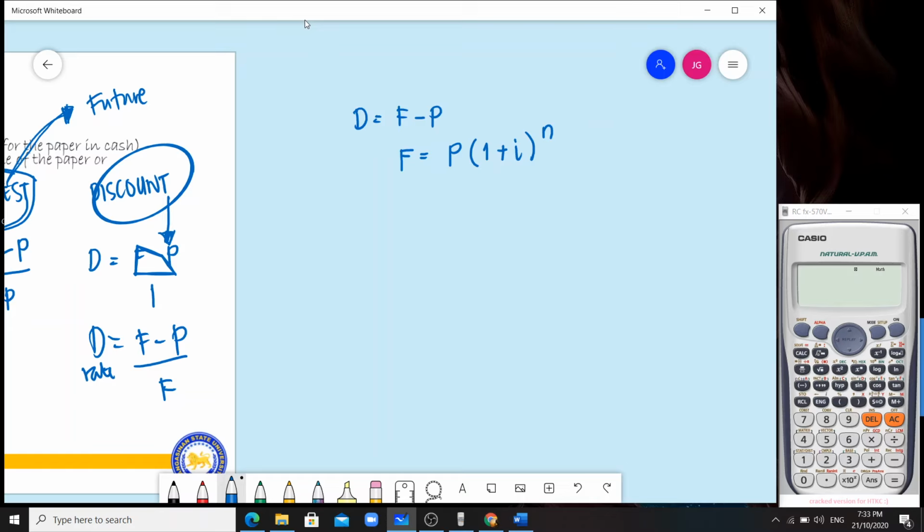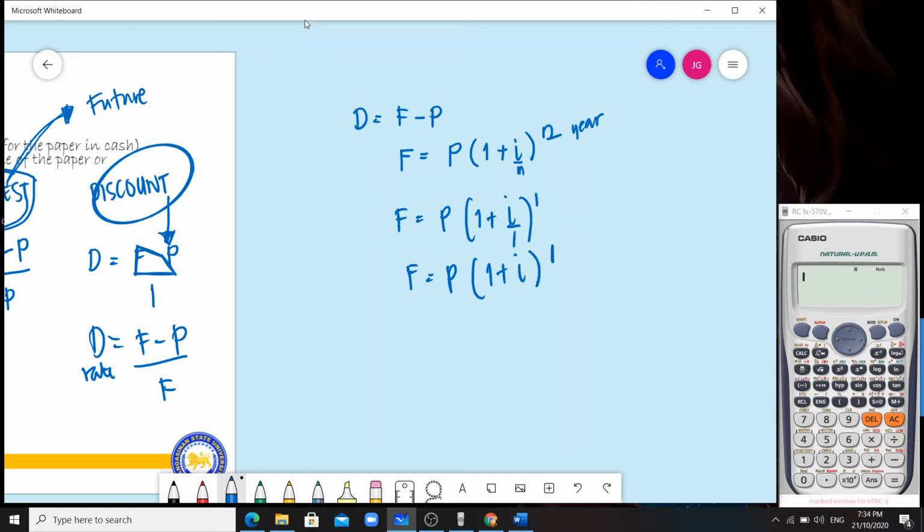Now, ang kinoconsider kasi dito, dahil ang discount rate at interest rate dito sa discount is yearly, so ito compounded annually na to at saka ito ay year. So, parang F is equals to P (1 plus I over 1) raised to N na 1 per year siya. So, F is equals to P (1 plus I) raised to 1.